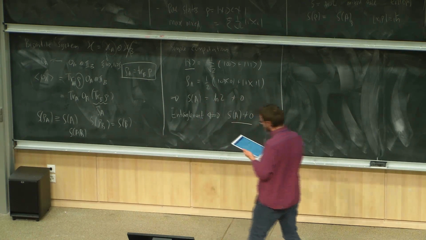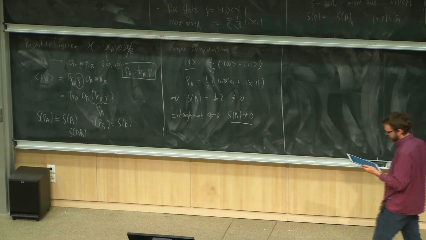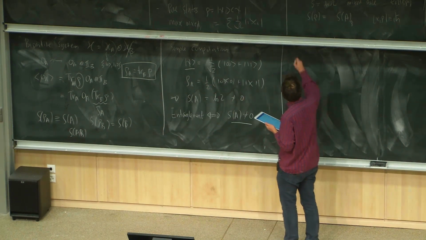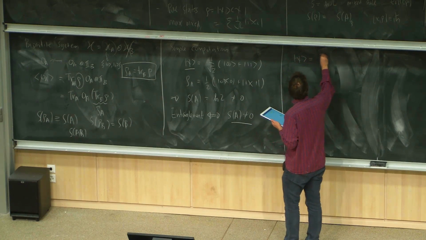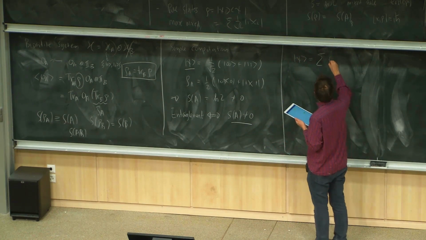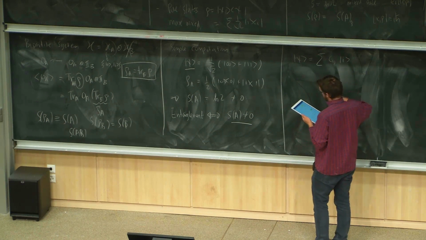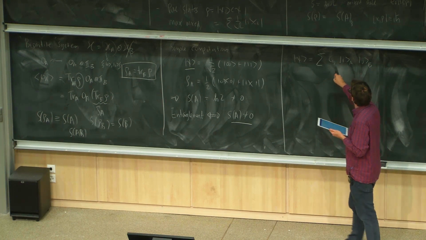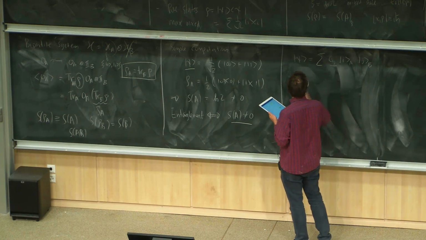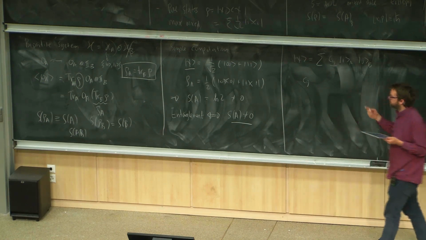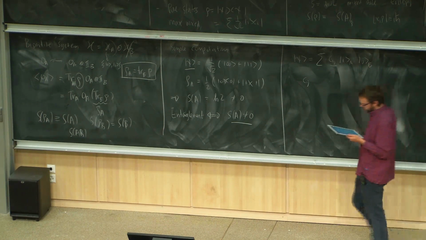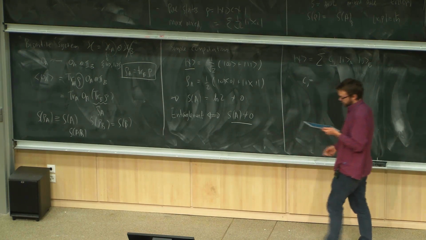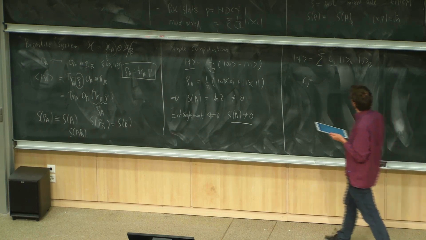Good. So one thing that we should note is that if I write a general pure state on the full system, then I would write something like this. I would pick some basis for A and some basis for B, and that would define some matrix, Cij. In general, this is going to be some rectangular matrix because these don't have to have the same dimensionality. But then I can always diagonalize C using a singular value decomposition.